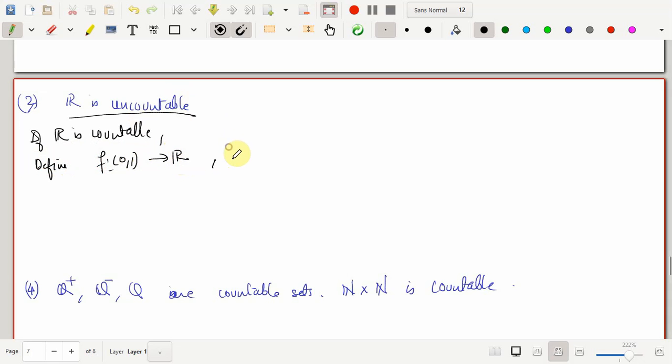Okay, and that map is defined by f of x is equal to tan of (x pi minus pi by 2). This map is injective, so you can check that f is injective.